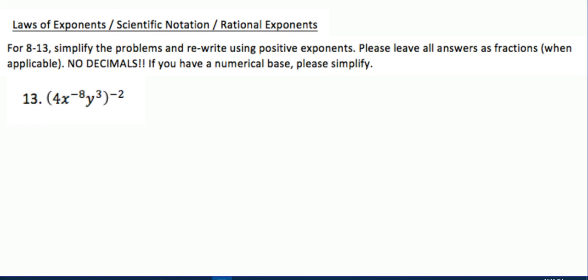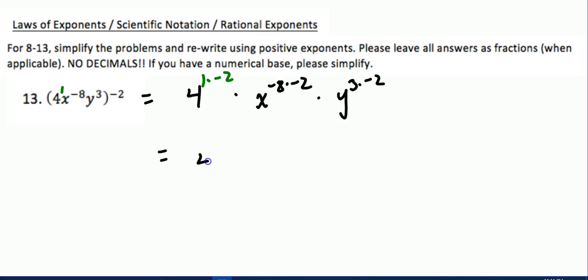Wow, these are so unoriginal. Another power to a power. Cool. I am going to put the 1 here, and I end up getting out 4 to the 1 times -2, and then times x to the -8 times -2, and then times y to the 3 times -2.